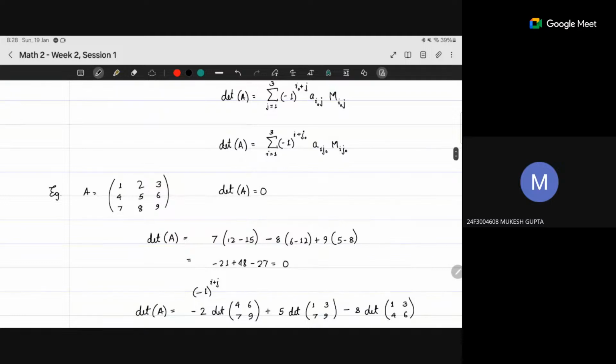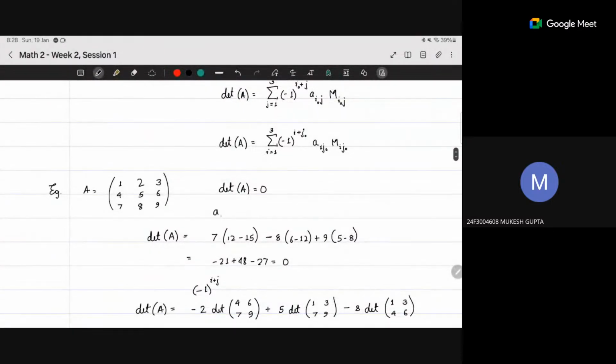When you are expanding along a row or a column, you'll have terms of the form Aij times Mij, Aij times its corresponding minor matrix. The sign that accompanies it is -1 to the power i plus j. That is the blanket rule.